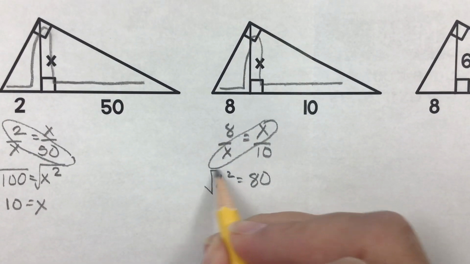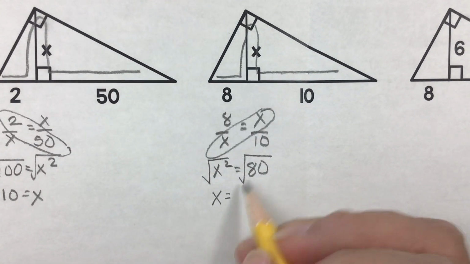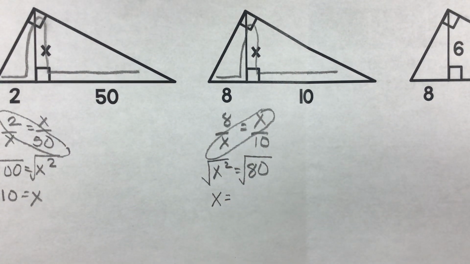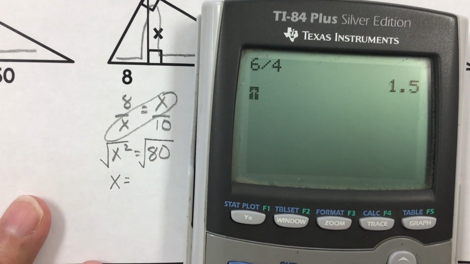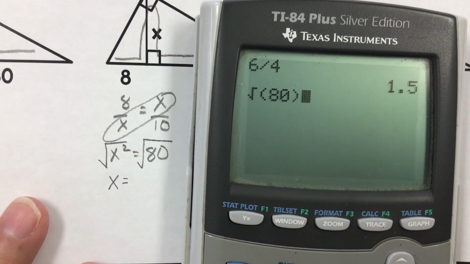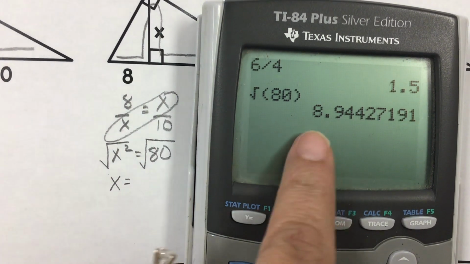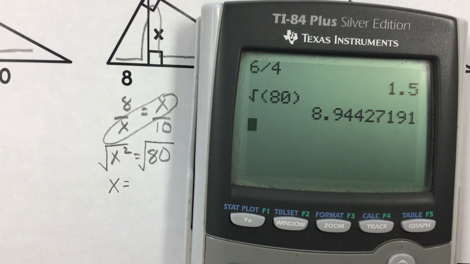And then we have the square root of both sides. Since this one gives you a decimal, that means it doesn't simplify. I don't want the decimal approximation of your answers. See how this one doesn't simplify? So we have to simplify the radical.